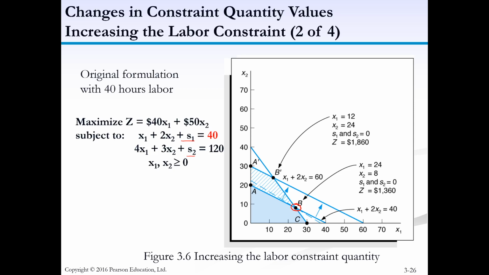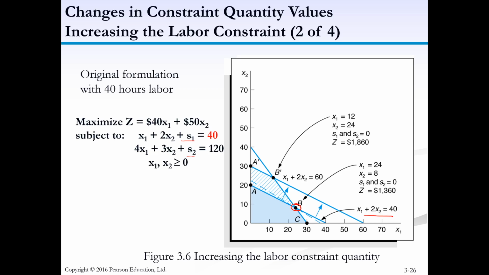Now let's see the first constraint, x1 plus 2x2 is equal to 40. We are moving this constraint outward, and we want to see how long this solution variable mix remains the same.